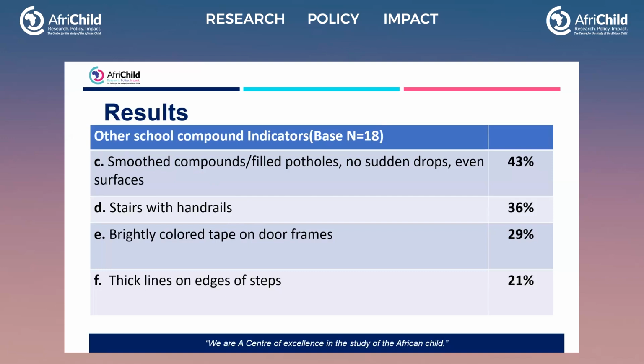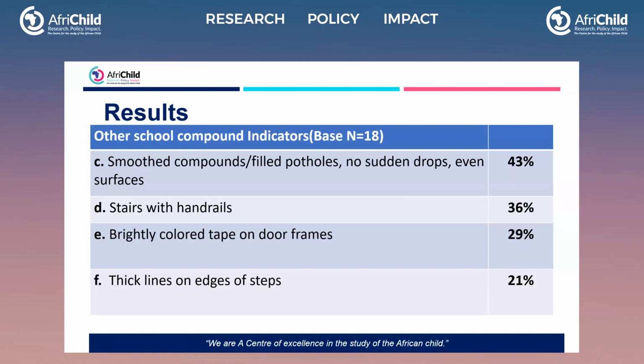I was still presenting on the other school compound indicators. And I was saying that for smooth compounds, filled potholes, no sudden drops, even surfaces being available, that indicator scored only 43%. For stairs with handrails to ease movement of these children with hearing and visual impairments, it only scored 36%.